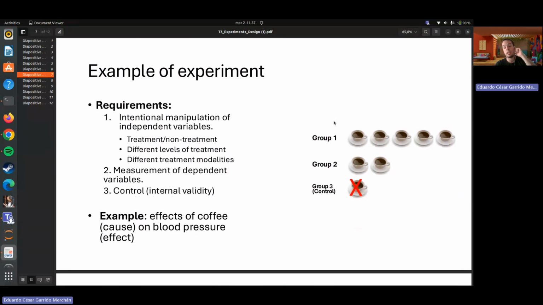It depends on the research question that we are trying to answer, on the research hypothesis that we are trying to validate. And then we measure the dependent variables. How can we measure? For example, the mean time that the people run 1,000 meters. Why?